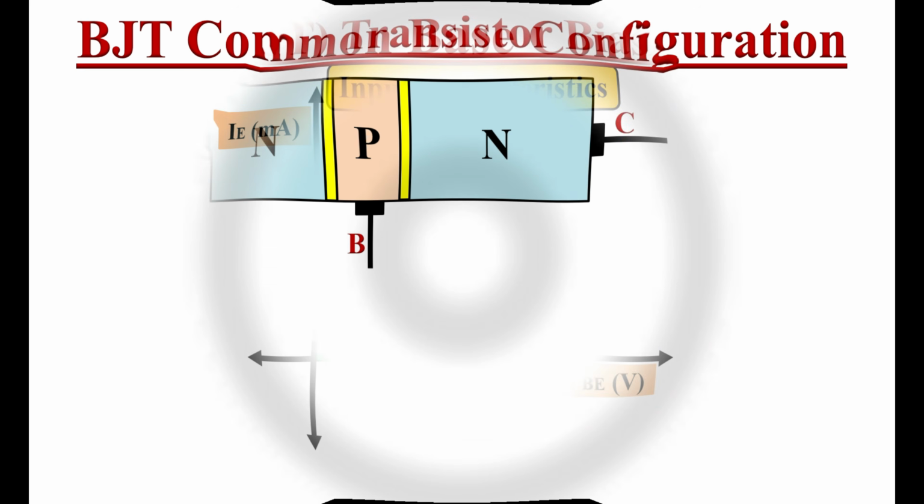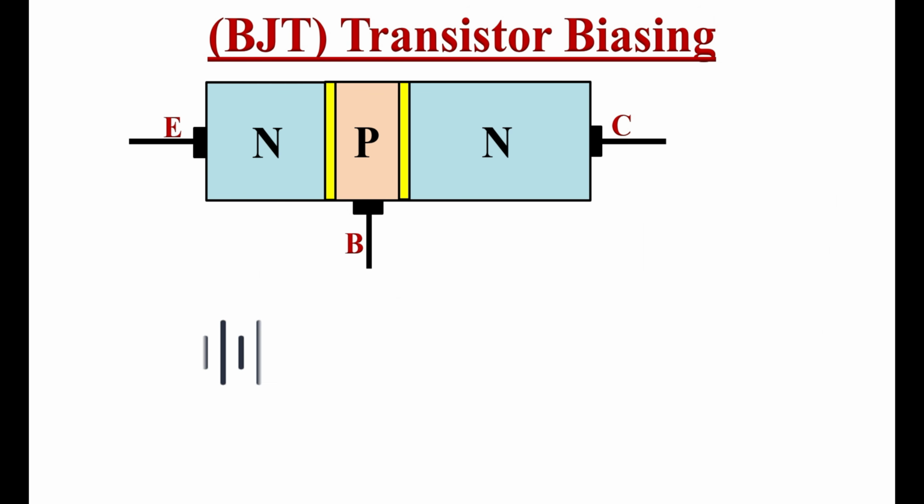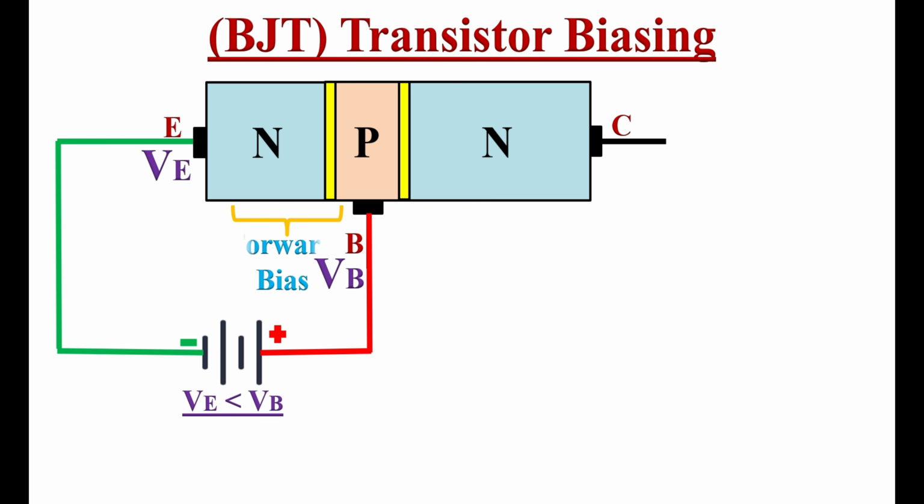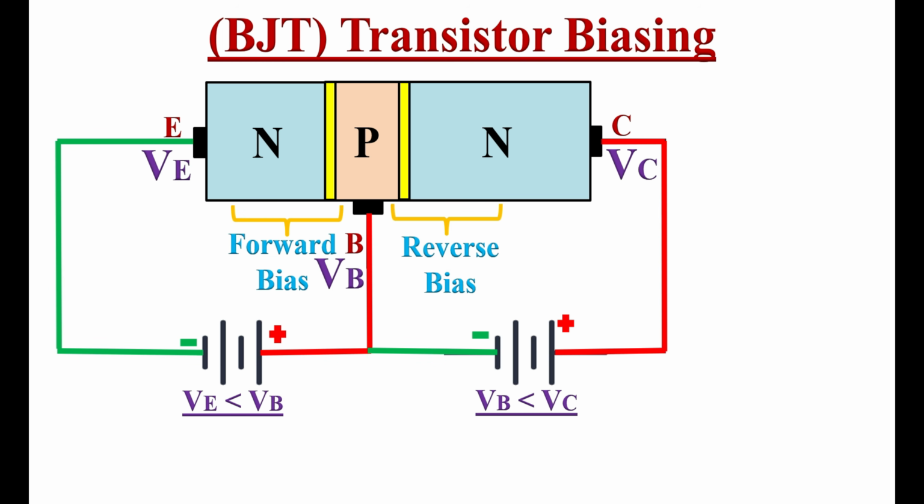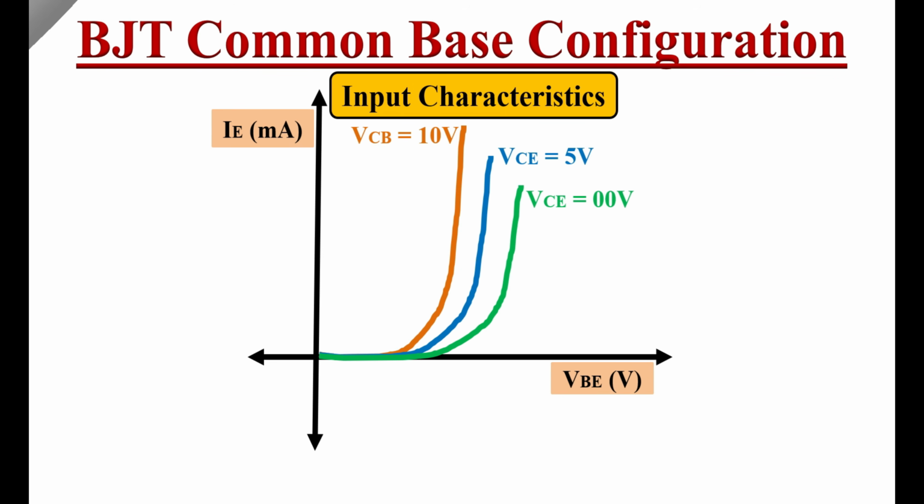For active mode operation of the transistor, the input side emitter base junction is forward biased and the output side collector base junction is reverse biased. Due to the forward biased input side, these curves look like forward characteristics of a PN junction diode. If you observe here, as the value of VCB increases, the emitter current increases, so the curve slightly shifts towards the left.